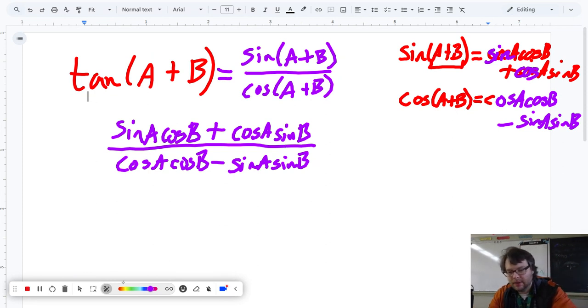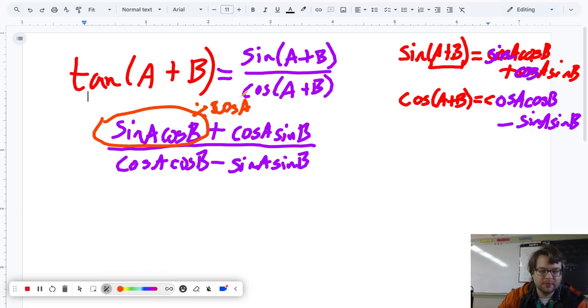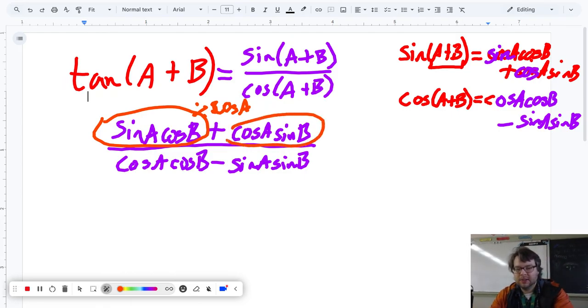So let's look at our equation here. Wouldn't it be nice if I divided this piece by cosine A, because then I would have tangent? Sine A over cosine A is tangent of A. Wouldn't it be nice if I divided this piece by cosine B? Because then I'd have tangent of B. Well, I can't just pick and choose what I divide by.